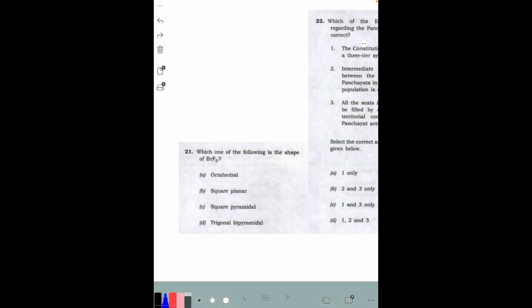Question number 21. Which one of the following is the shape of BrF5? Now, for understanding that, we have to know the electronic configuration of bromine, that is s2p5, and vacant d orbital. So when 5 fluorine atoms come, it will be like this.